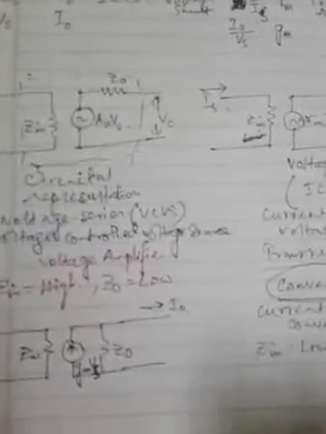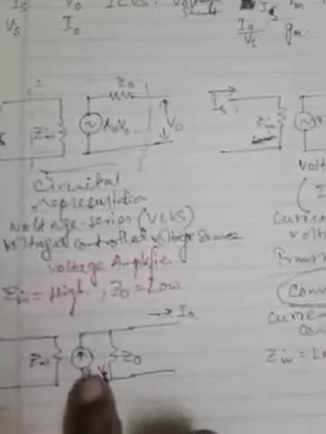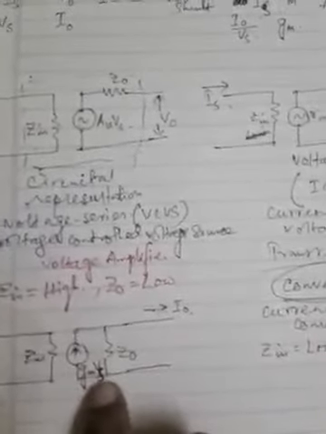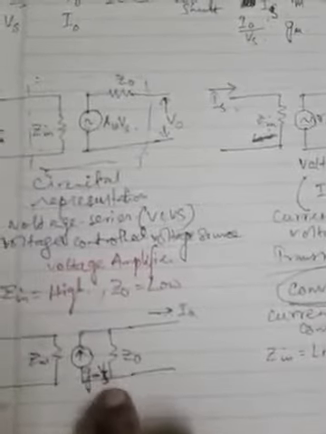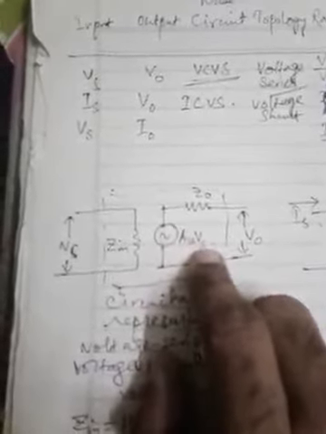Now, if this is Gm into Vs, that means it is a current source controlled by Vs, which is a voltage. In the first occasion, at the output it is a voltage source whose value is dependent on another voltage Vs. That's why it was named voltage controlled voltage source.